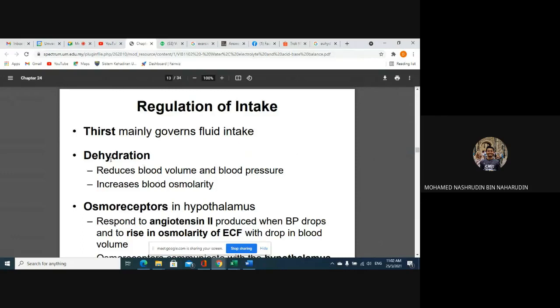Dehydration reduces blood volume and blood pressure, and decreases blood osmolality. When a person is under dehydration, of course the blood volume will reduce, and when the blood volume reduces, the blood pressure will equally reduce as well.